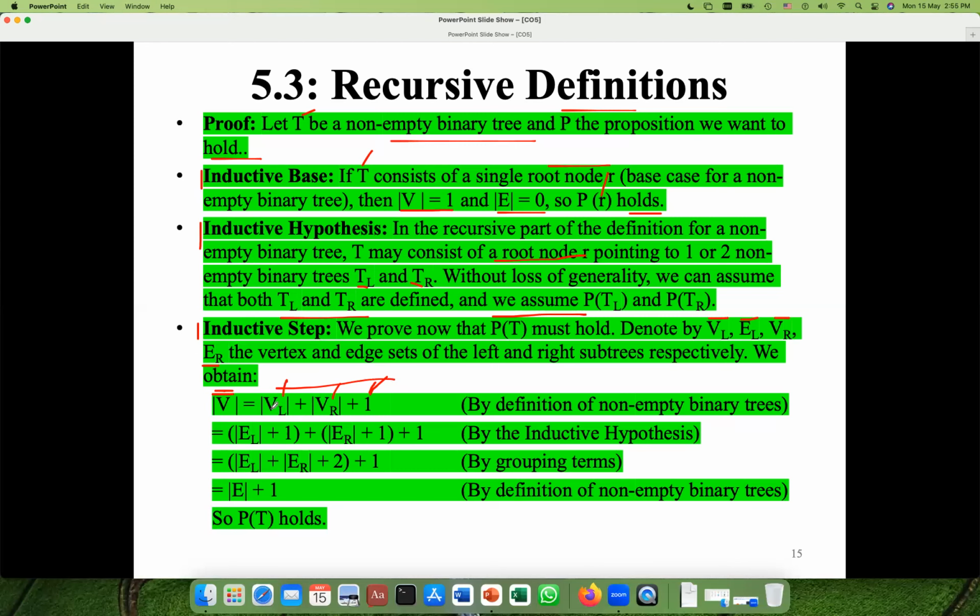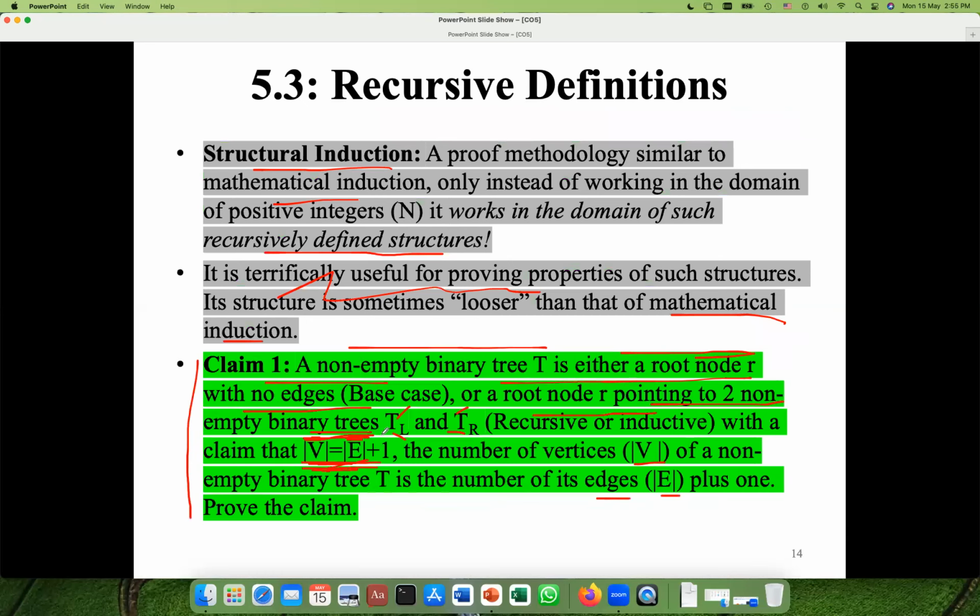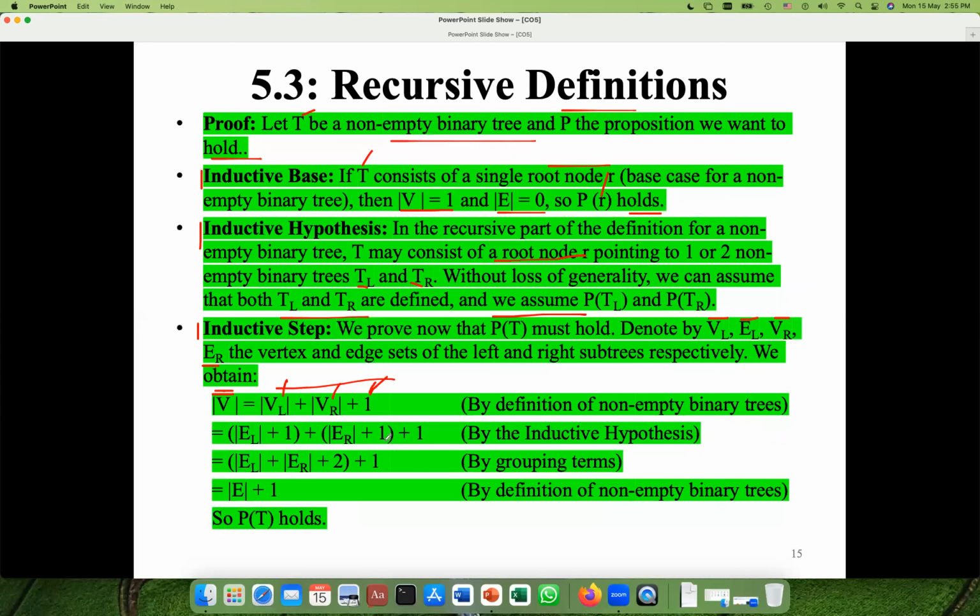And now I know from that previous claim that the number of vertices is equal to size of E plus 1. So write it that way. This is size of the left binary tree plus 1 for the left, and this is size of the right binary tree plus 1 for the right.